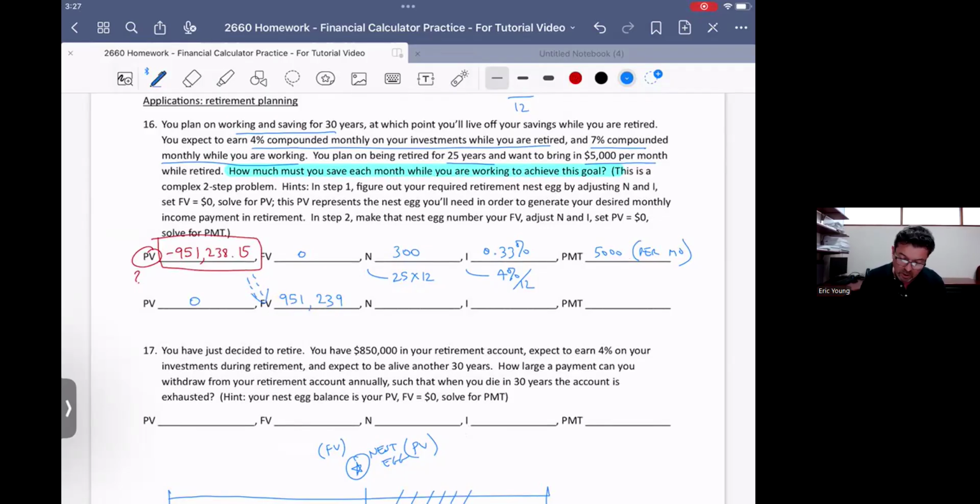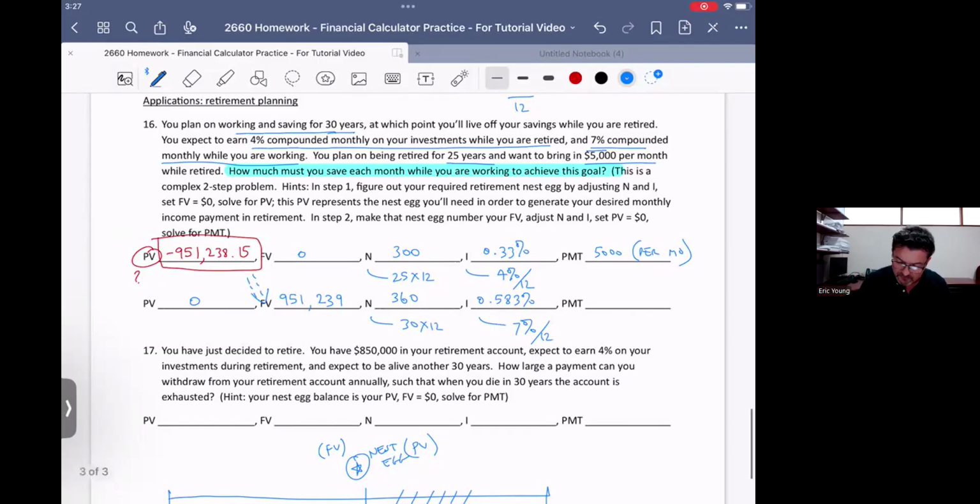You're going to work for 30 more years, so your N is going to be 30 times 12, or 360, and you can earn 7% when you're working. So 7% divided by 12, you'll earn 0.583% while you're working.